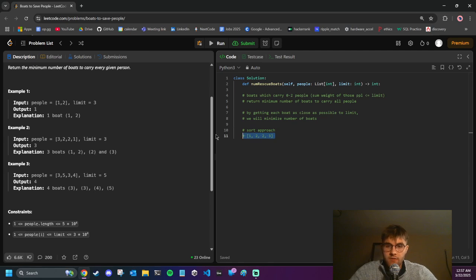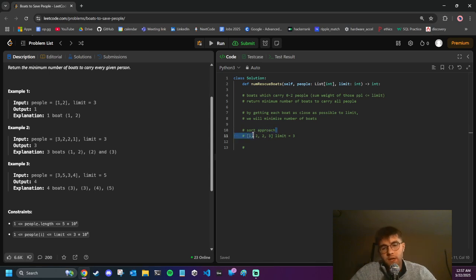This is after we sort example 2, and the limit equals 3. So what I would do is probably start with the heaviest person, and see if we can fit another person. So here the remaining would be 0.